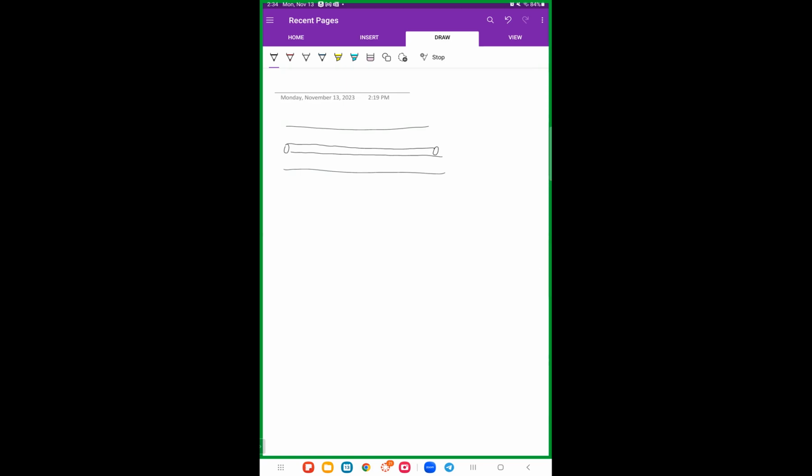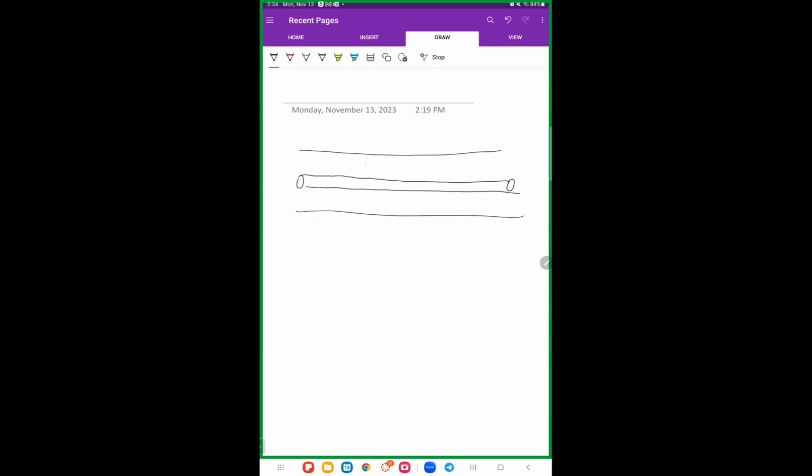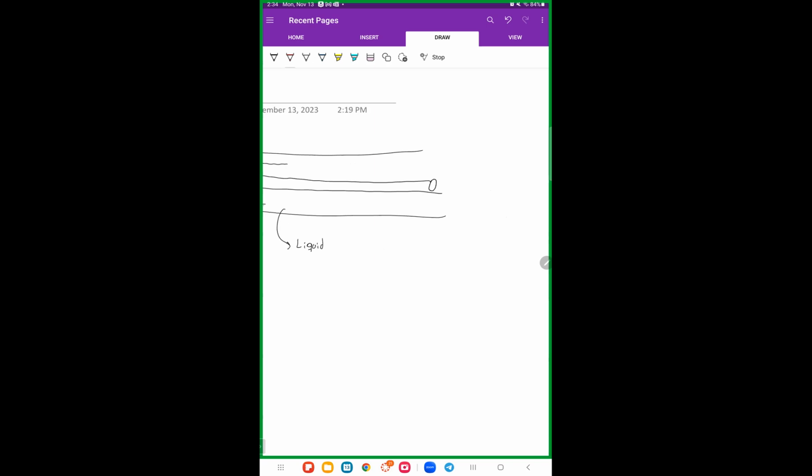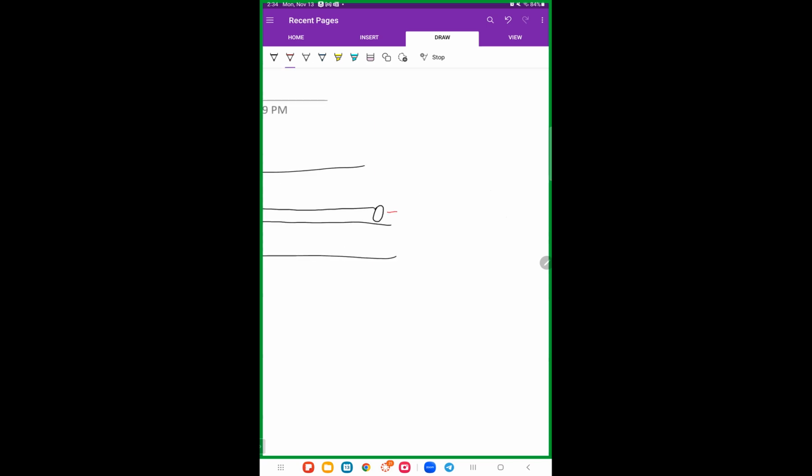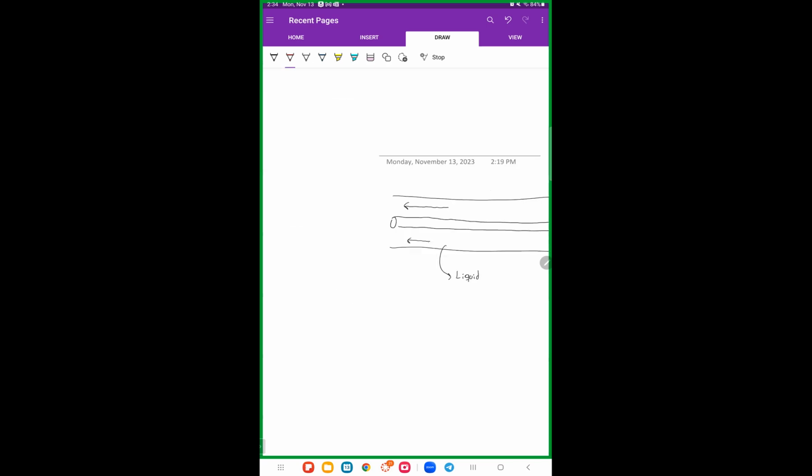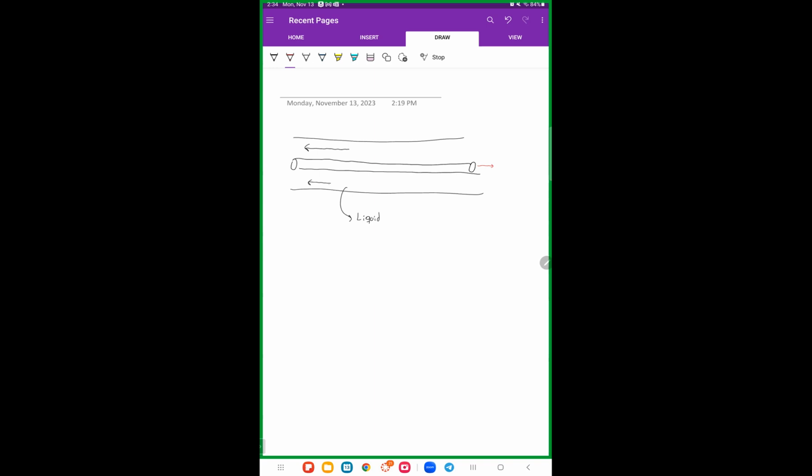And in the smaller one, the catheter, it's going from left to right.